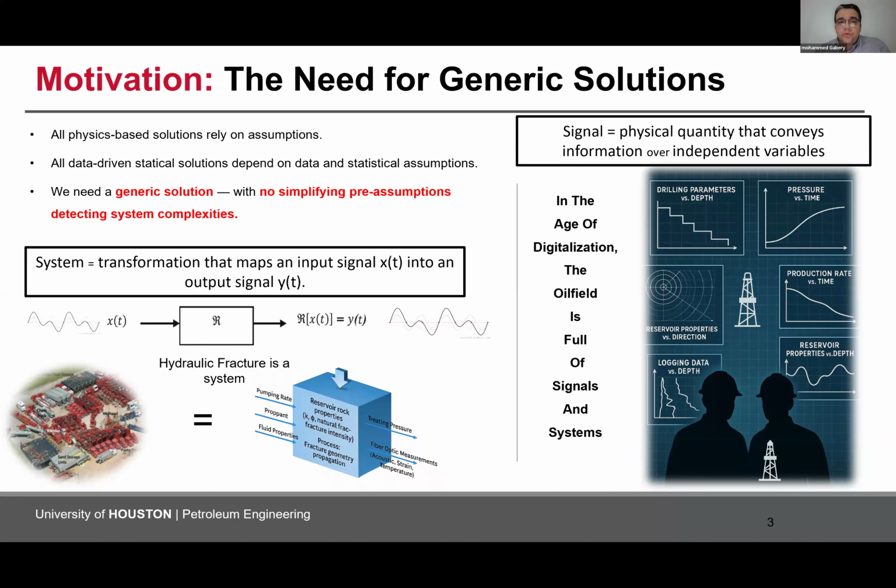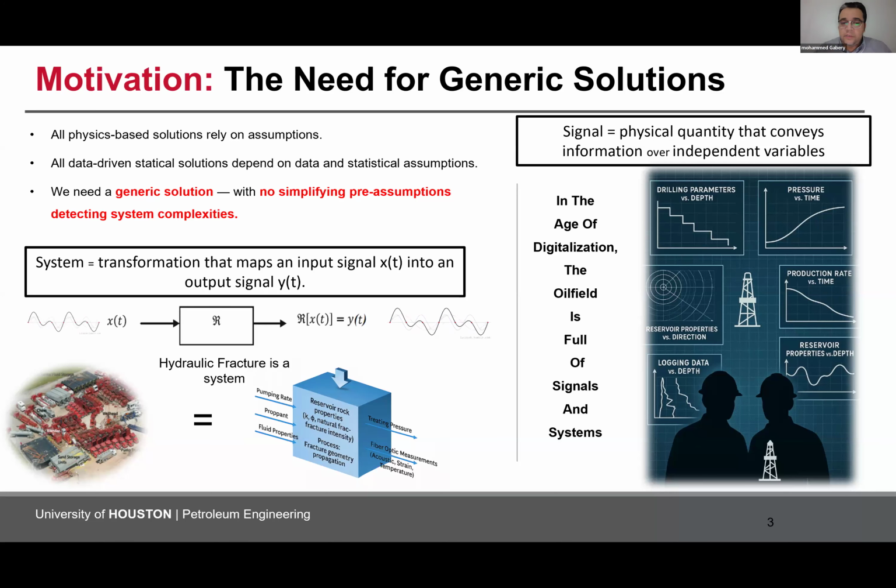So to introduce this generic solution, we need to transform our methodology of thinking into a signal system analysis. What is the system? It is a transformation that maps an input signal to an output signal. For example, in hydraulic fracturing operation, we pump fluid with viscosity and density. We pump propellant.